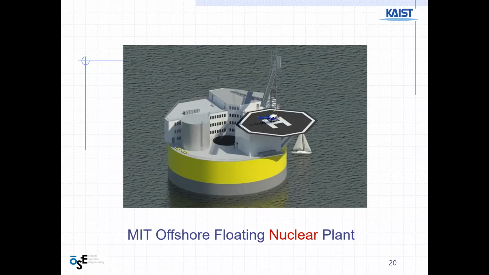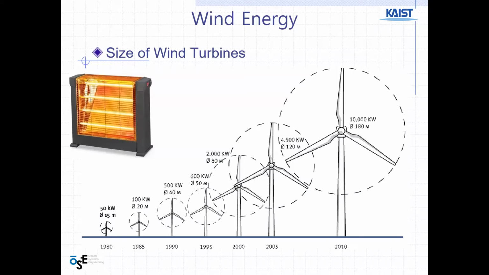Because of the plenty of water, when something is wrong, they can put that hot nuclear core into the water as a safe secondary safety measure. And this one shows you wind power, renewable energy.